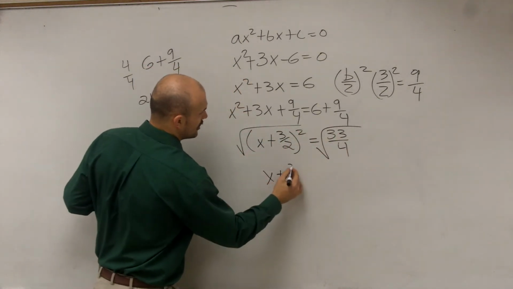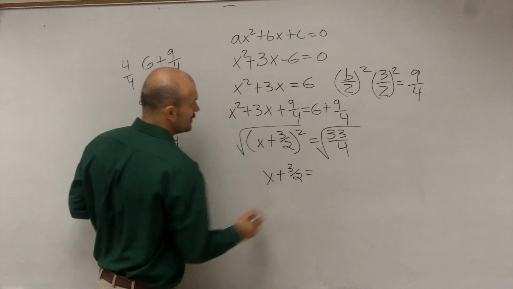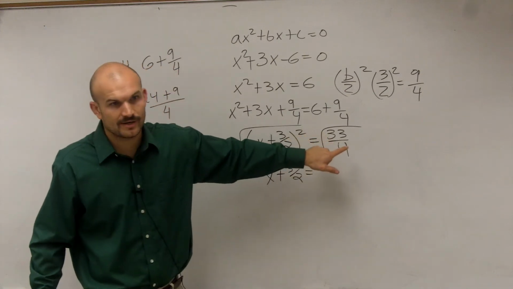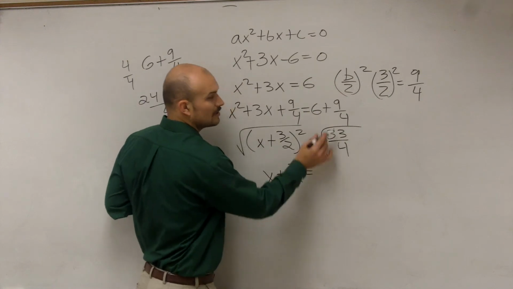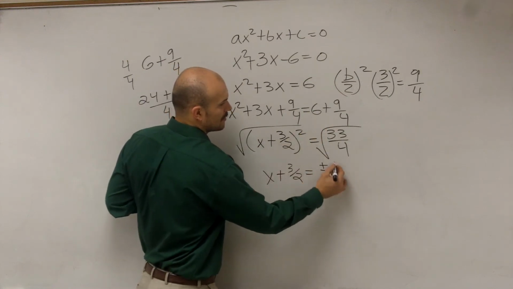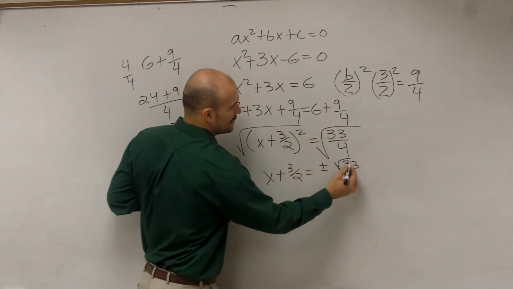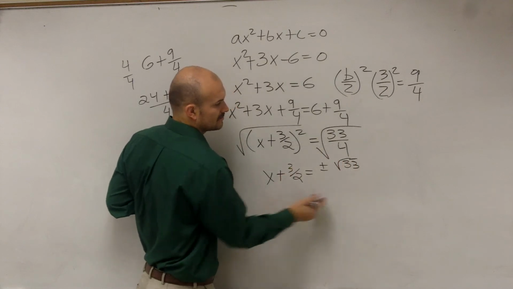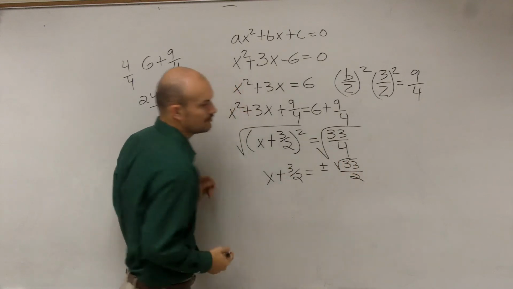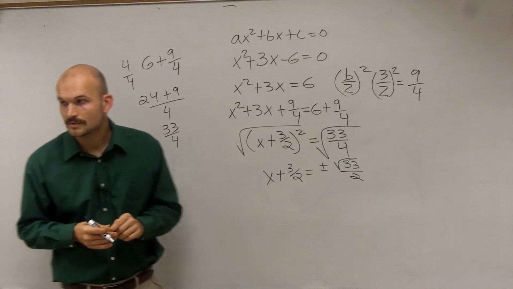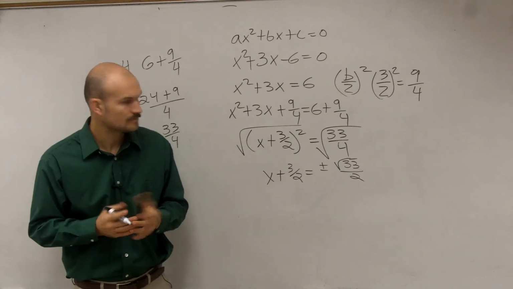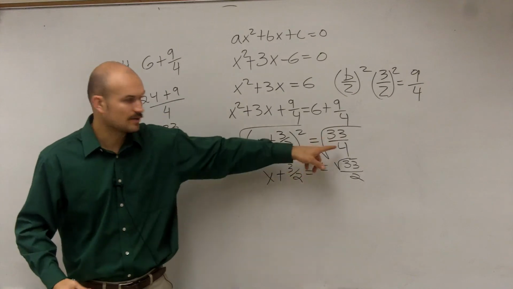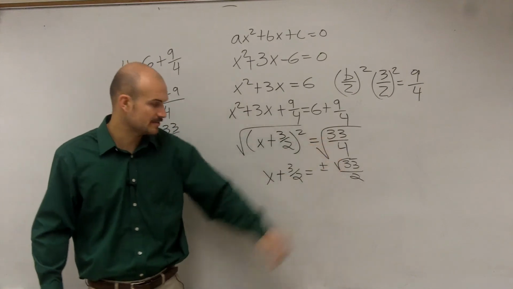Therefore, you have x plus 3/2 equals plus or minus the square root of 33 over the square root of 4, which is 2. We don't know what the square root of 33 is, but the square root of 4 is going to be 2.